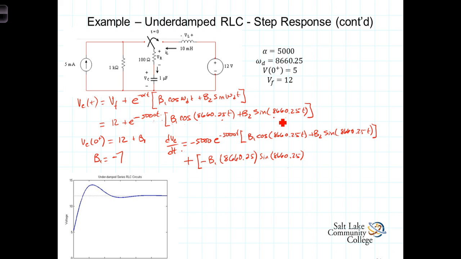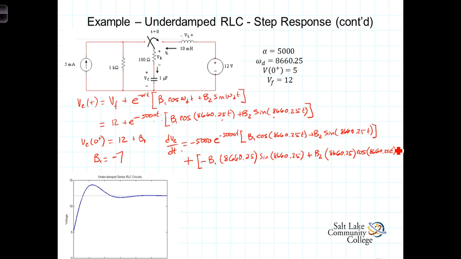That's the derivative of the first term, plus the derivative of the second term. The derivative of the sine is the positive cosine, so it'll be plus b2 times, chain rule kicks out the 8660.25 again, times the cosine of 8660.25 t.